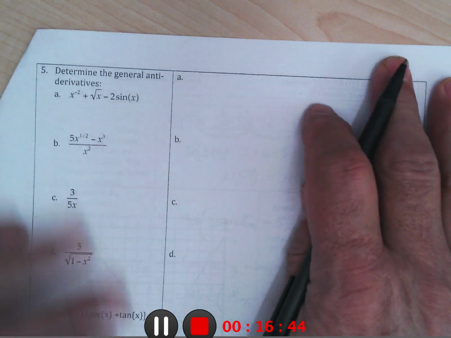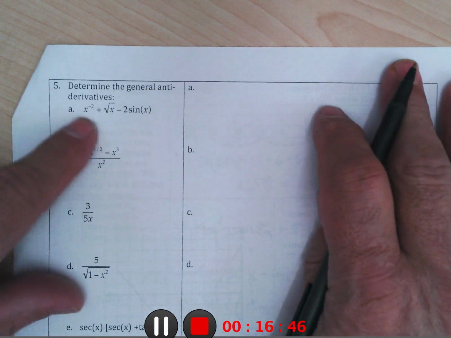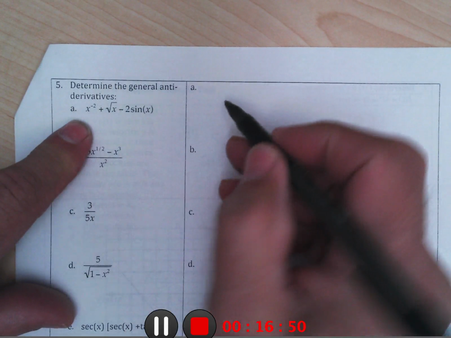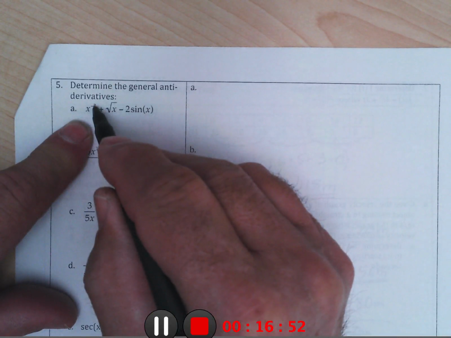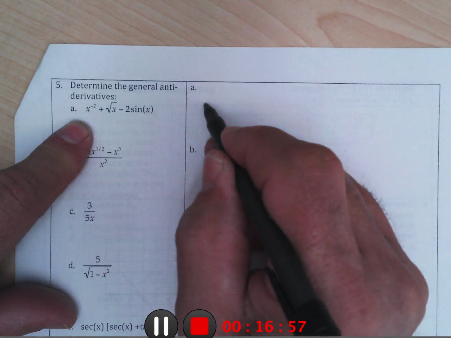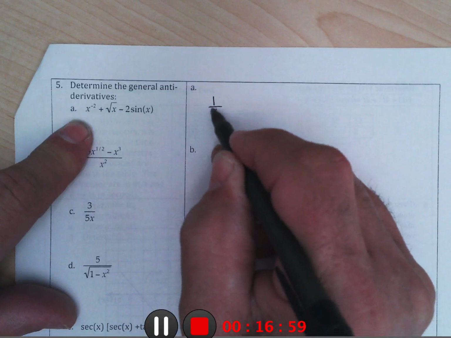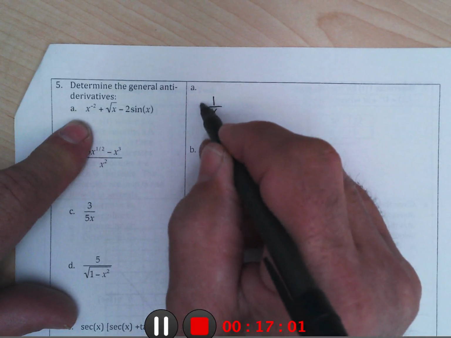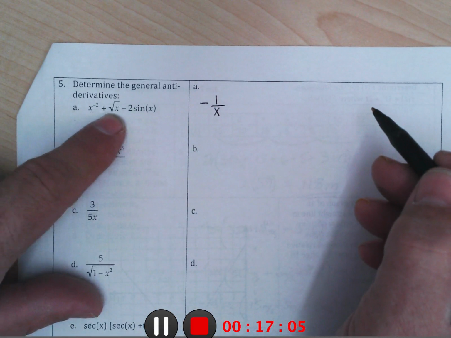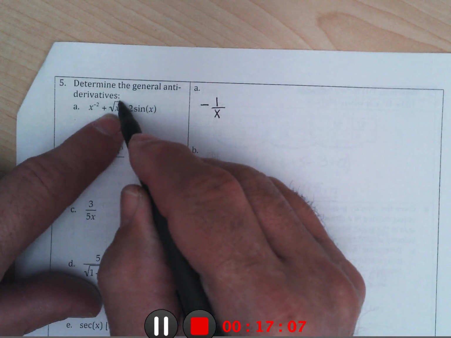Okay, general antiderivative. So the antiderivative of x to the minus 2 would be, add 1 to that, x to the minus 1 and divided by minus 1. So x to the minus 1 is 1 over x, or you can leave it x to the minus 1. Divided by minus 1 will make it negative. So that's the antiderivative of that. This is x to the 1/2. If I add 1, it'd be x to the 3/2.